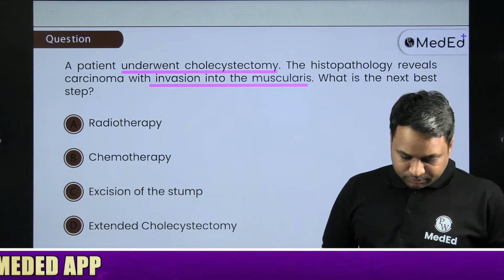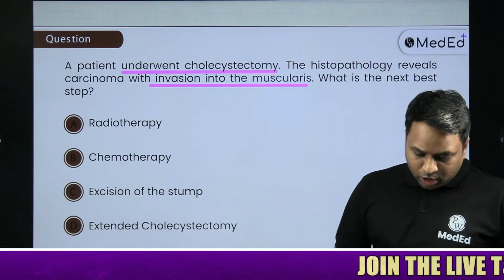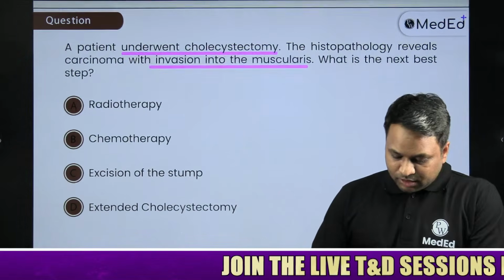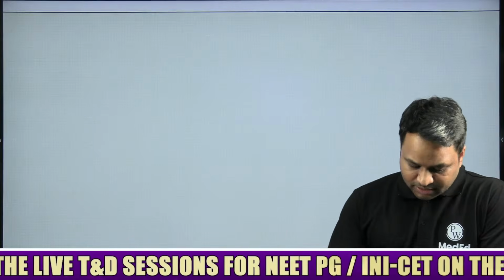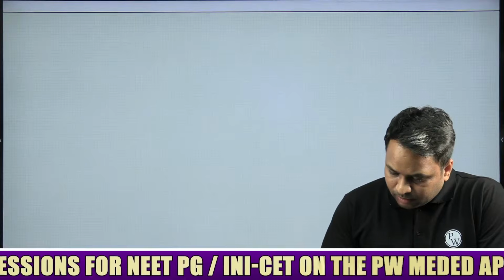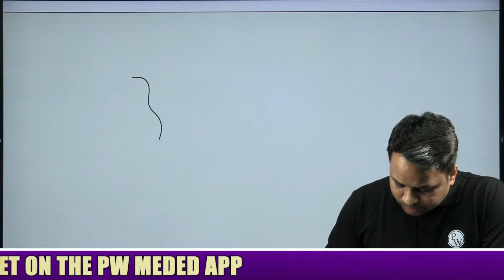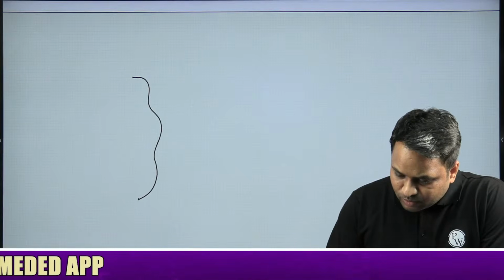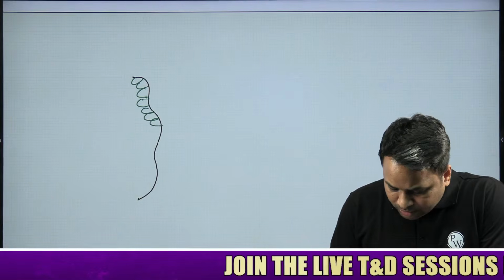Can we move on? Okay. Now, when you talk about gallbladder cancer, let's look at a quick assessment of its TNM classification. Let's say the innermost layer that you have is the mucosa. I hope everybody knows that there is no submucosa in the gallbladder.